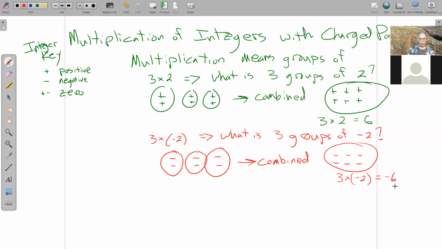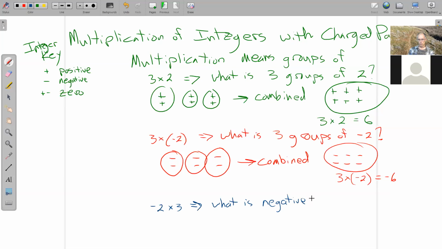So some problems just work out great based on what we did with addition, but it doesn't always work out that nice. Like, let's try negative 2 times 3. That would mean, what is negative 2 groups? Oh, this is getting weird.